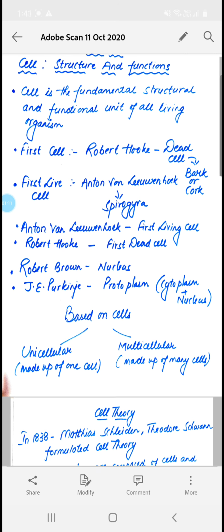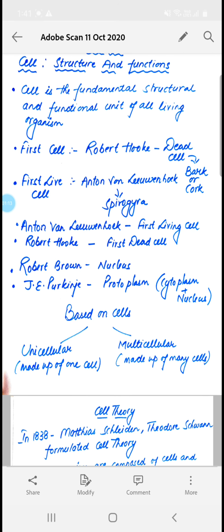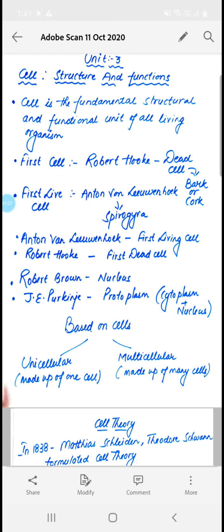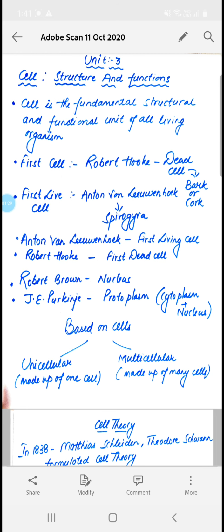So let's begin with the first chapter of this unit, that is Cell, the unit of life. We all know that biology is the science or the study of living organisms. If I talk about the living organism, the basic fundamental unit by which the complete body of a living organism is made up is called the cell.